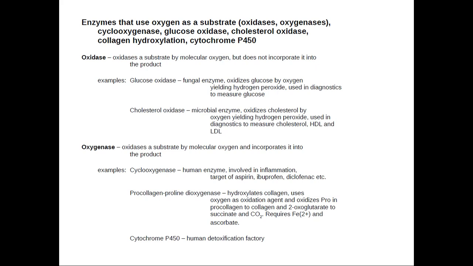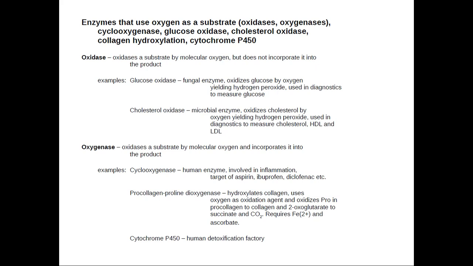Another interesting enzyme is procollagen proline dioxygenase, which oxidizes collagen, and it's responsible for proper structure of collagen, which is the protein present in different connective tissues, and this is one of the reasons why we need vitamin C, and the lack of vitamin C results in changes in collagen structure.